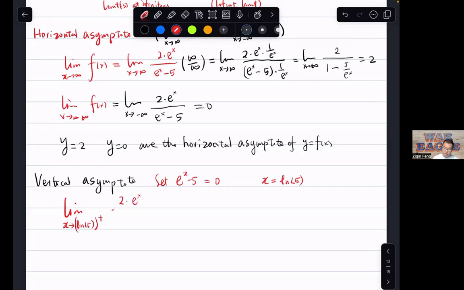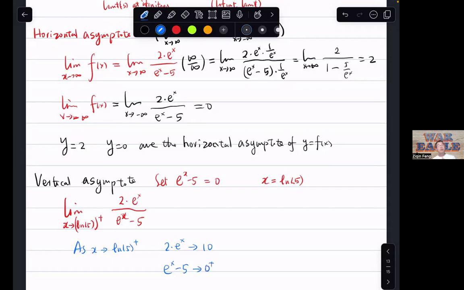As x goes to natural log of 5 from the right, 2 times e to x goes to 10, and e to x goes to 5, so e to x minus 5 goes to 0 plus.